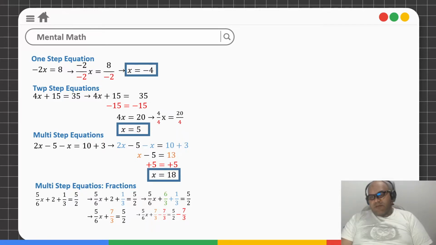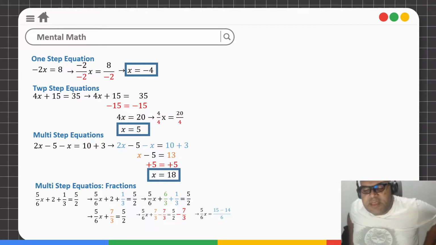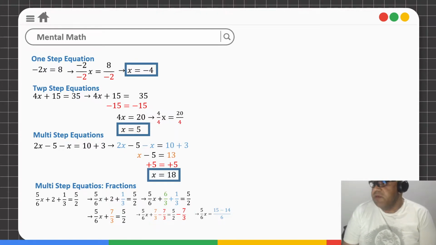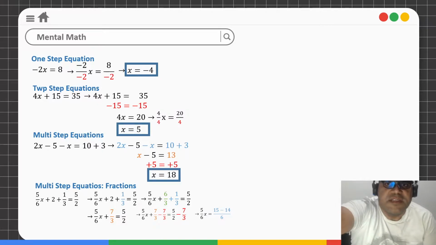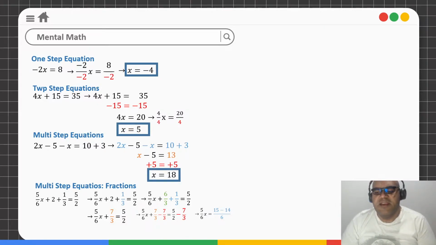And on the right-hand side, we have a fraction operation again, but with different denominators. Be sure to use any method that you want. Here I'm using the butterfly method to solve it. Okay, cross multiply and multiply the denominators. It is 15 minus 14 divided by 6. And we got over here, oh, let me just fix the camera here better. Great. Nice. And here we got 1/6. 5/6x equals 1/6.